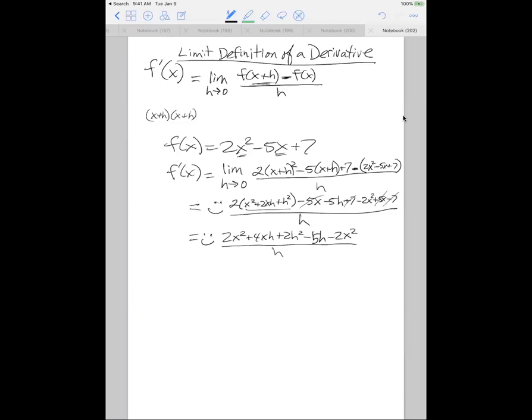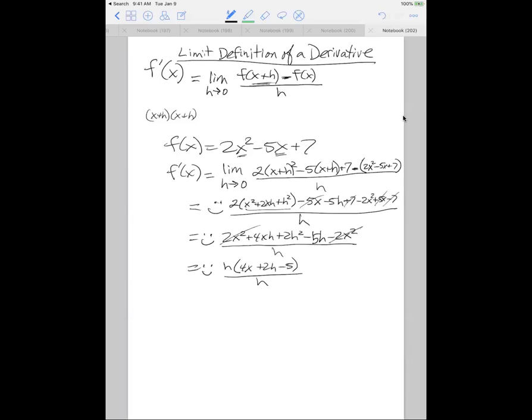And now we notice the minus 2x squared and the plus 2x squared cancel, and everything else has an h in it. All 3 of those terms have an h in it. So what I'm going to do is go ahead and factor out that h and use the smiley face one more time. Factor out an h, that means we've got 4x plus 2h minus 5 left behind, over h.